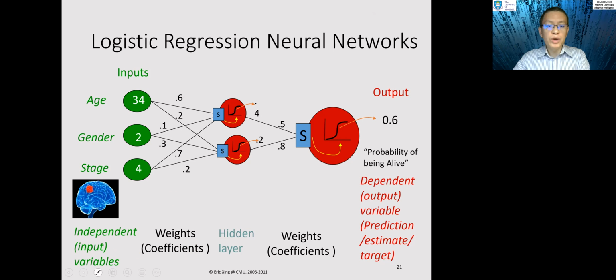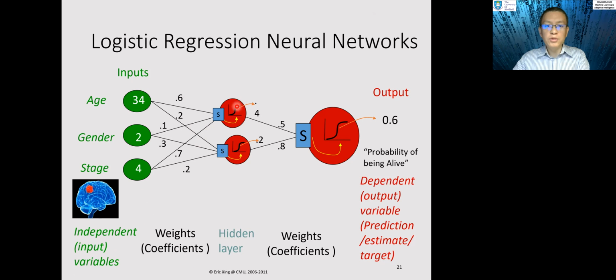We use some weights to combine the inputs, and this combination is sent to a hidden layer and passed through a sigmoid activation function.